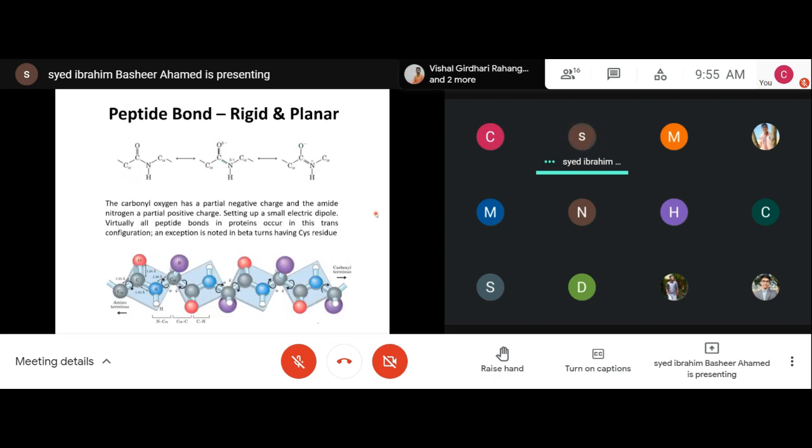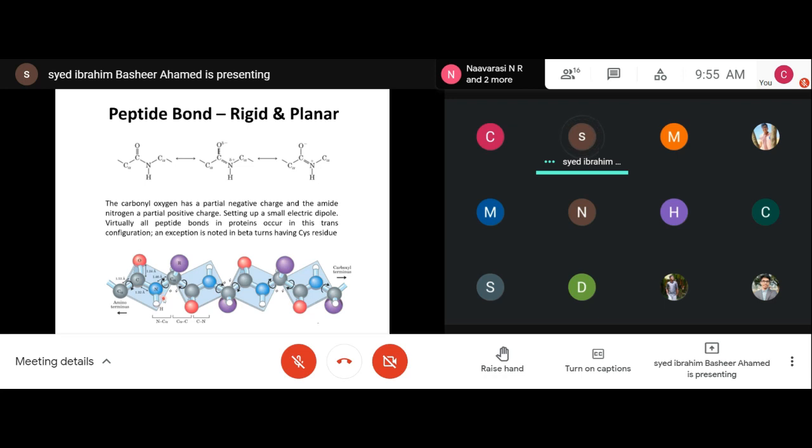So I told you that it is making a peptide bond by condensing two amino acids. By condensing, you make a bond where a C double bond O is connected with an amino group, the NH group, like a single bond, C single bond NH.